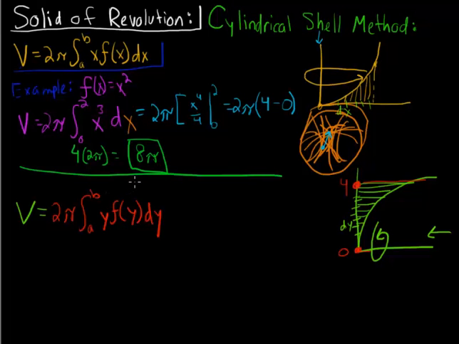Really, if you wanted to do this rotated around the x-axis instead of the y-axis with x squared, or whatever it may be, let's just say f of x equals x squared, doesn't matter.